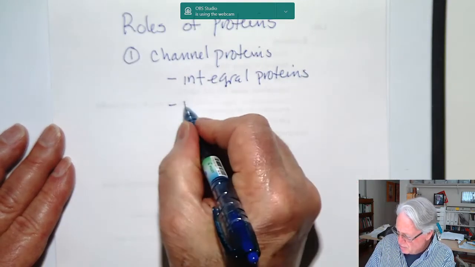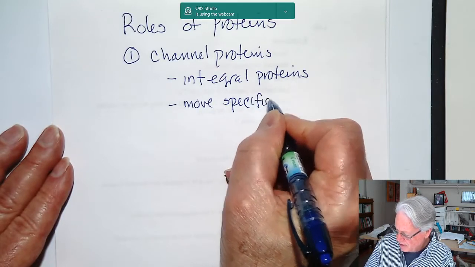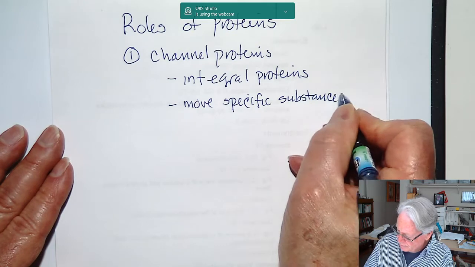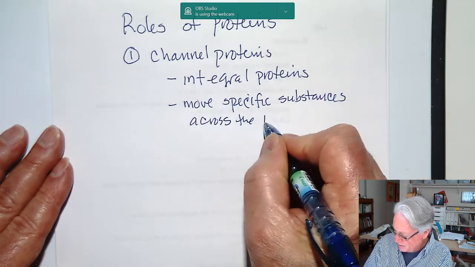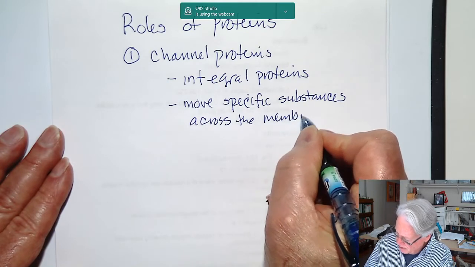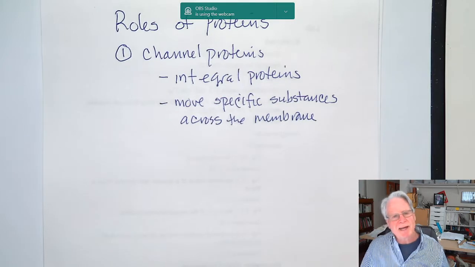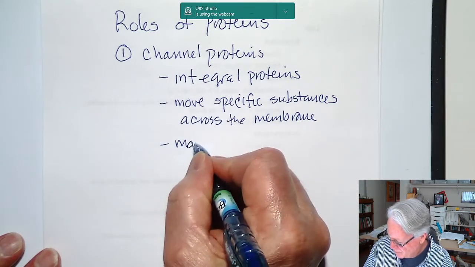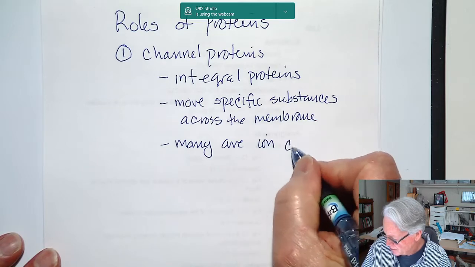And what they do is they move specific substances across the membrane. In terms of directionality, it could be in or out of the cell, both ways. Many, though not all, are ion channels.